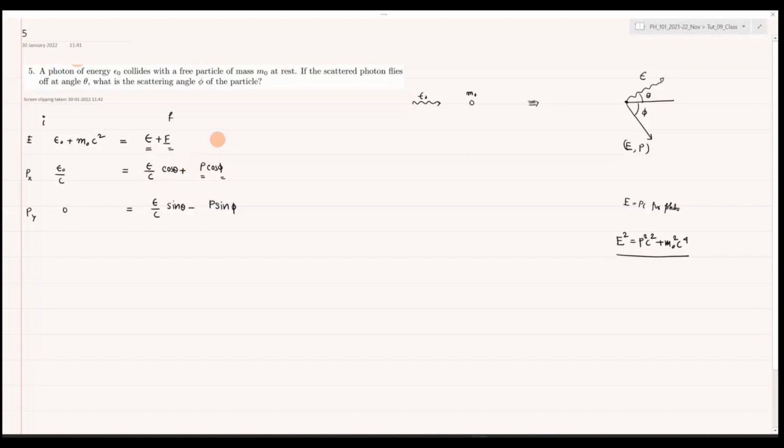So you also try. First from here we write what will be E square. E square will be epsilon 0 plus m0 c square minus epsilon whole square.